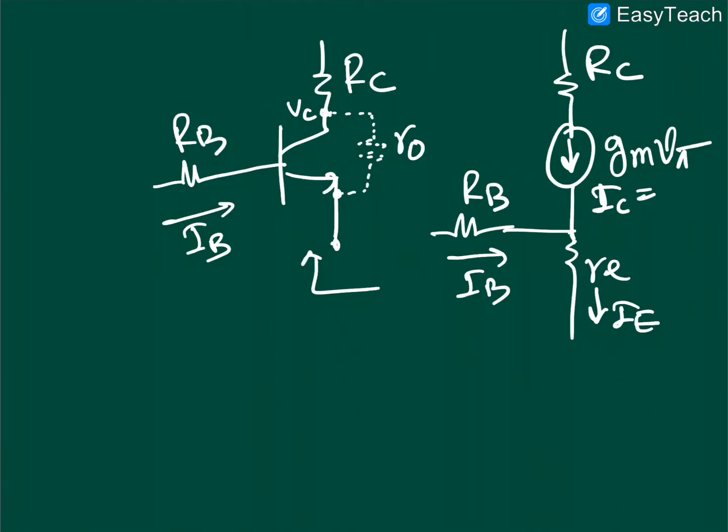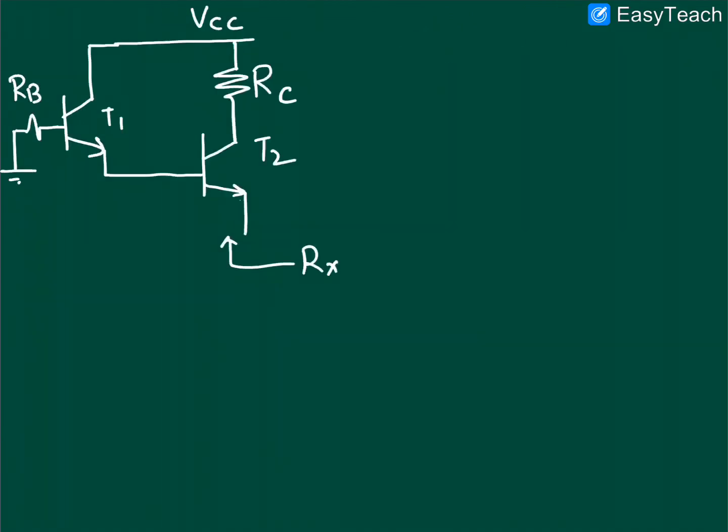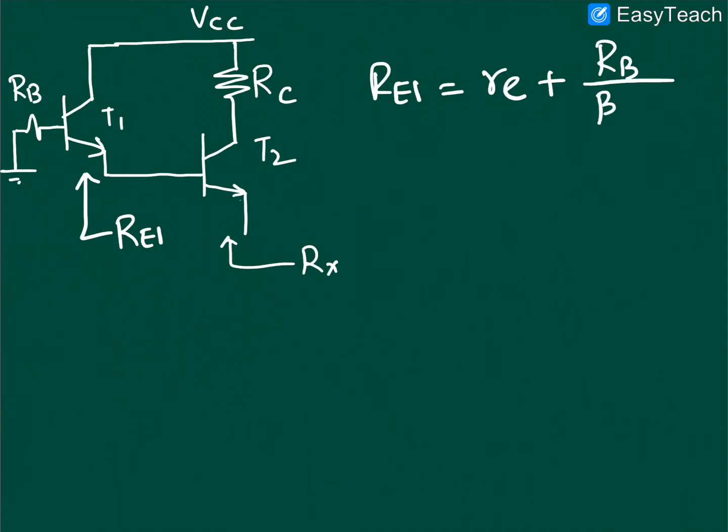So now let us see how you can solve this particular problem. For the transistors, both are the same, identical transistors. So what is the resistance over here at the emitter terminal? Say Re1. So Re1 will be simply Re plus Rb divided by (beta plus 1), right?